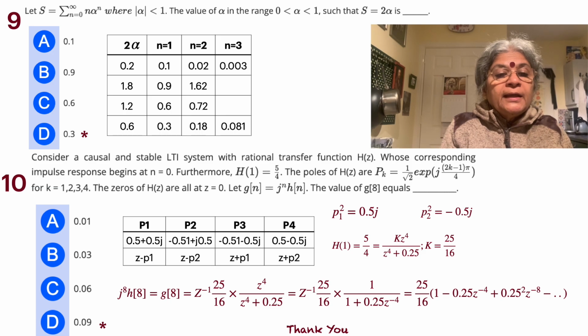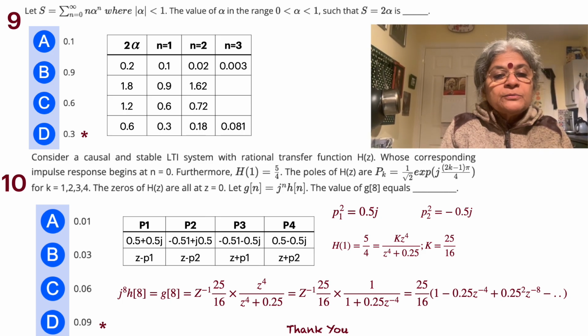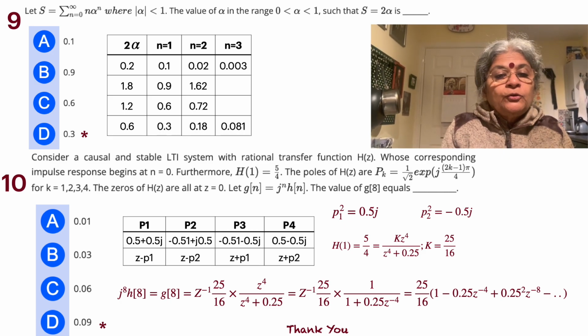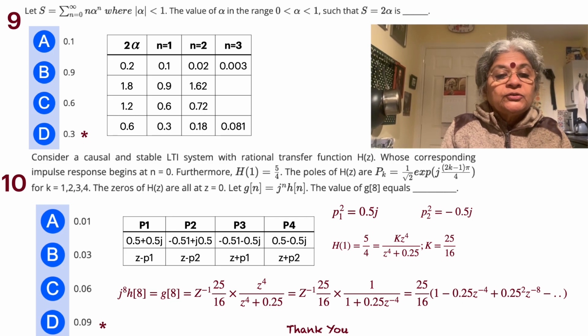On the other hand, if you look at alpha equal to 0.9, 1.8 should be equal to 0 plus 0.9 plus 1.62, but there itself you have covered 2.52. So you reject 0.9 directly. Moving on to 0.6, it's going to be 0.6 plus 0.72.